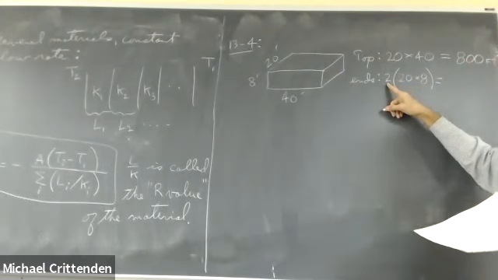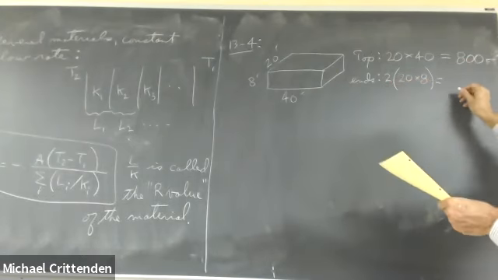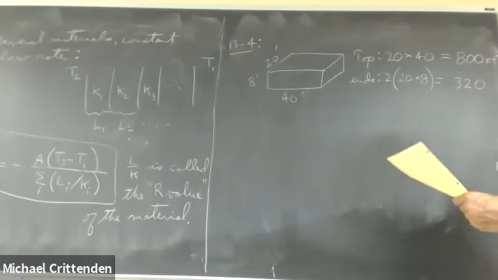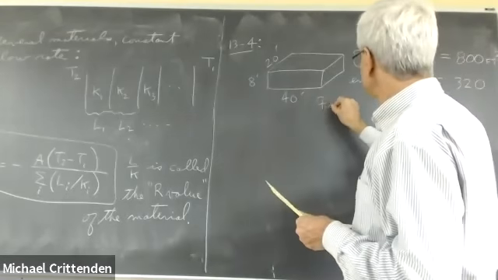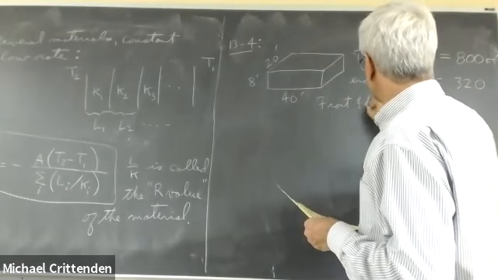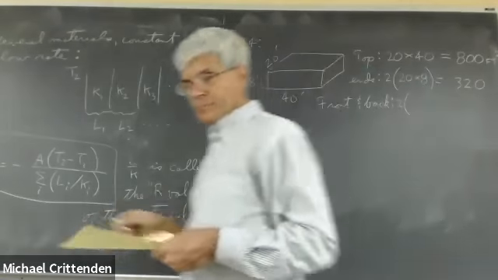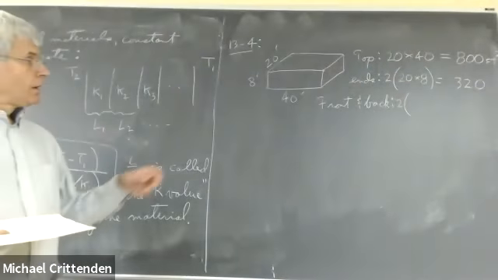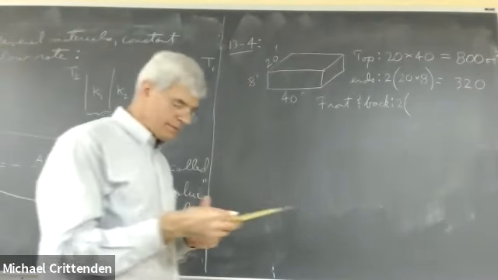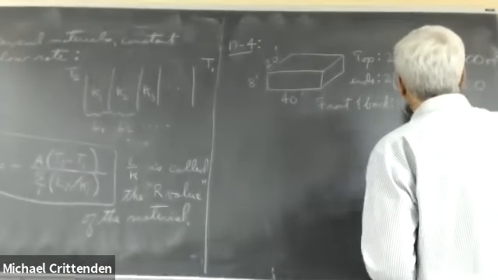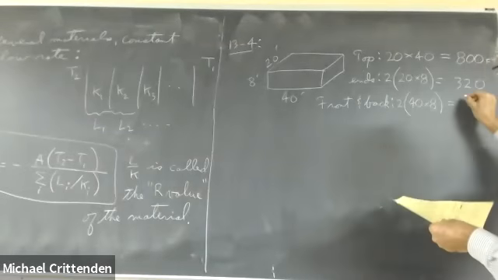And there's 2 of them, the right end and the left end. So that's 320 square feet there. And then finally, there's the front and the back. The front and the back are each 40 feet by 8 feet. 640.